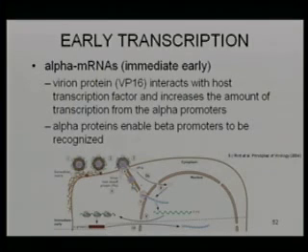So you make these immediate early proteins, and I'm not going to go into what all of them do, but one of their important functions is to enable the beta protein promoters to be recognized. So they include proteins that modify transcription and enable those beta proteins to be recognized.